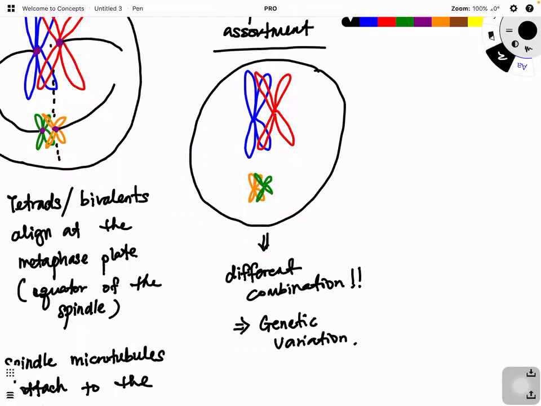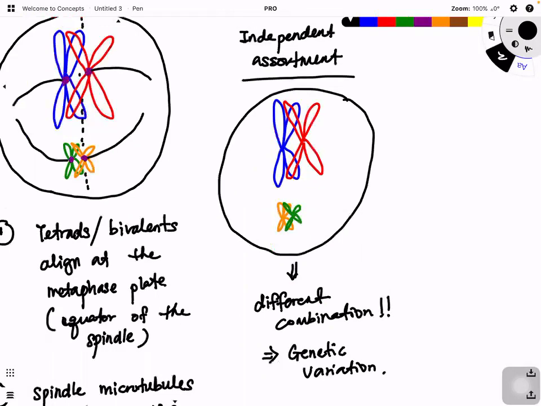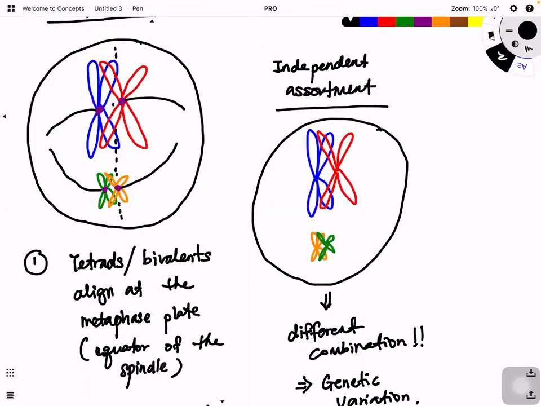I will tell you later in more detail about independent assortment together with crossing over. But at this moment, you can see how the tetrads or bivalents position themselves will result in the formation of genetic variations.